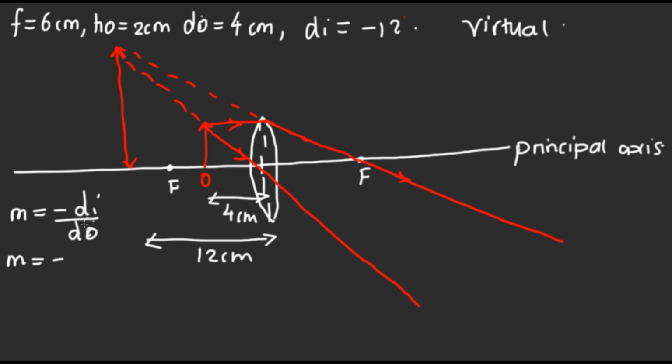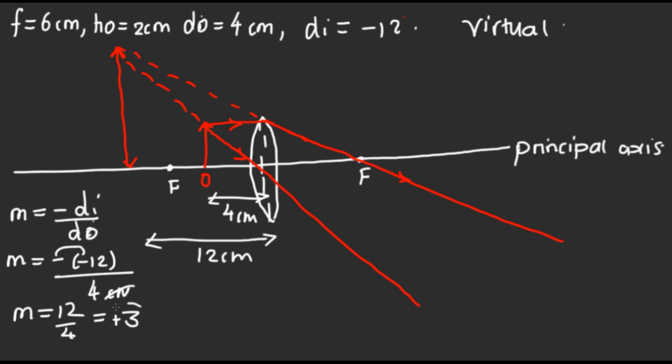So negative, negative 12 centimeters over do, which is just 4 centimeters. Negative times negative, we have positive 12 over 4. Let me just cancel the centimeters. So 4 into 12 is 3.